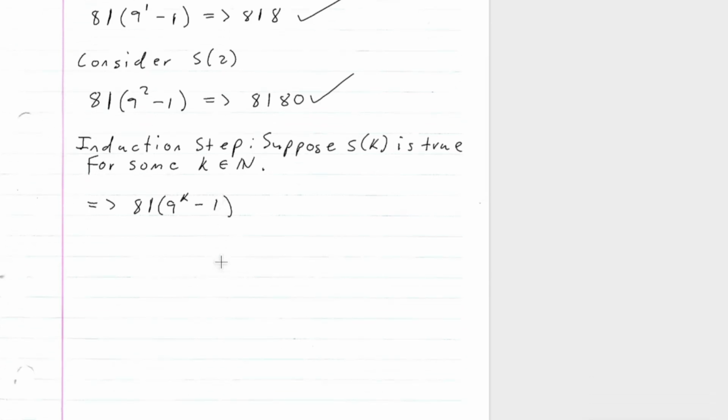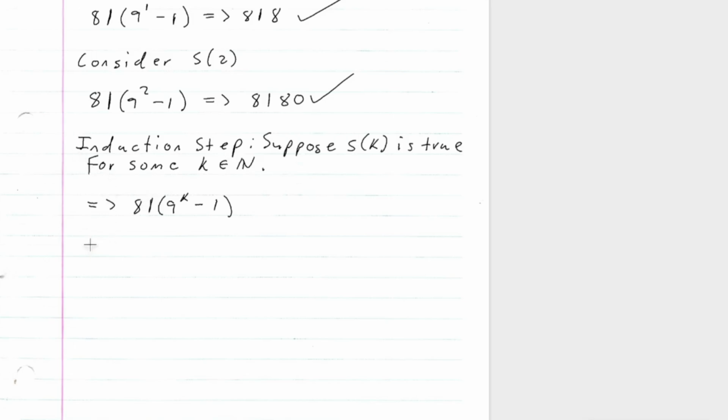Now remember, with the principle of mathematical induction, we assume that the statement involving some arbitrary natural number k is true, and from there, if we can imply that it's true for k plus 1, the next term in the sequence, then it would be true for any natural number n, right?